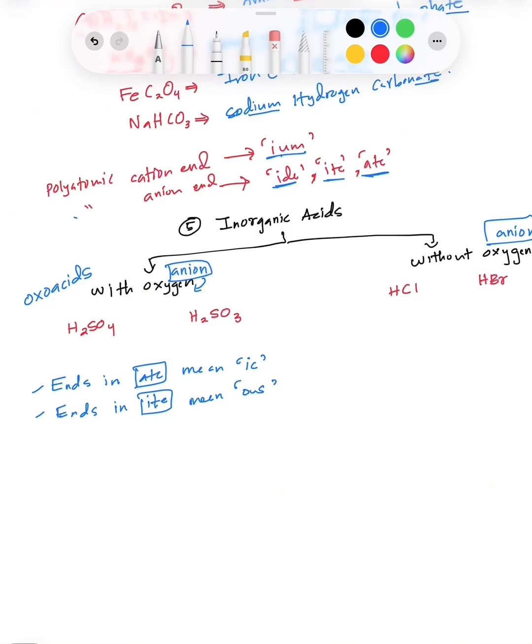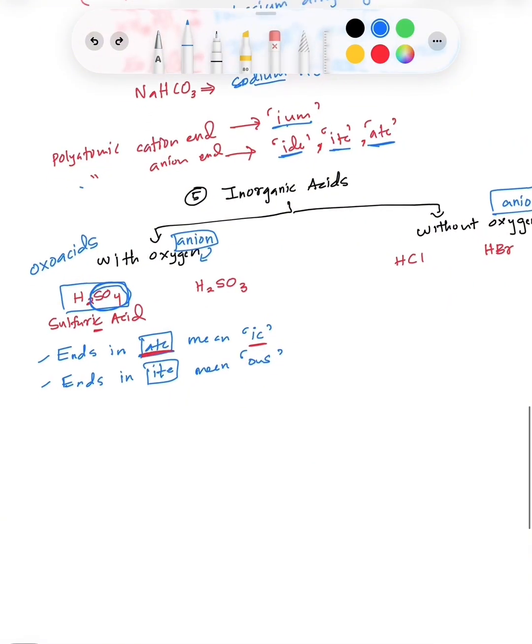Now let me clarify this. If I take this example, this is H2SO4. That means this is sulfate. Here the anion is sulfate. So if the anion is ending in -ate, it is -ic. Here sulfuric acid.